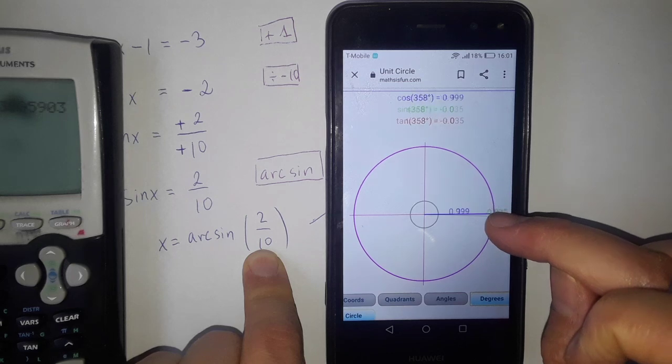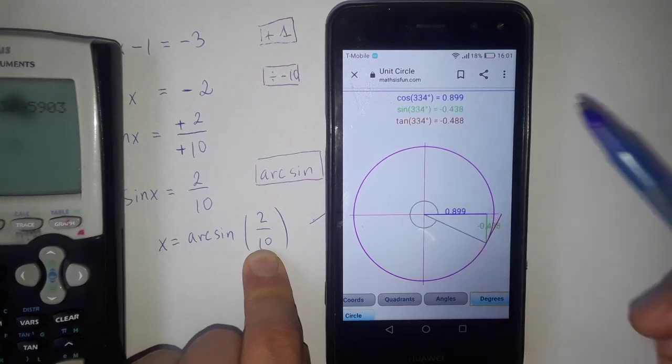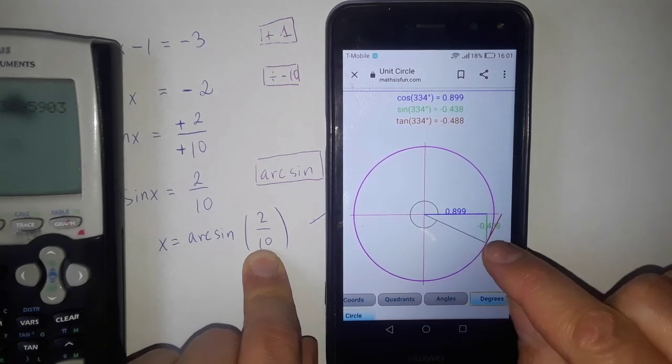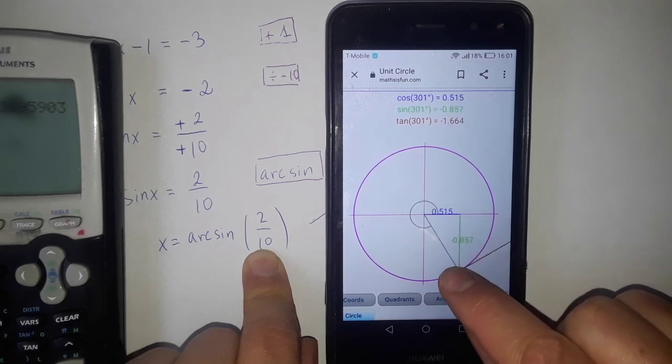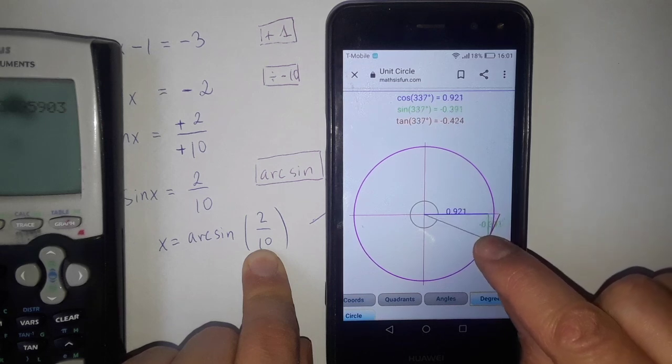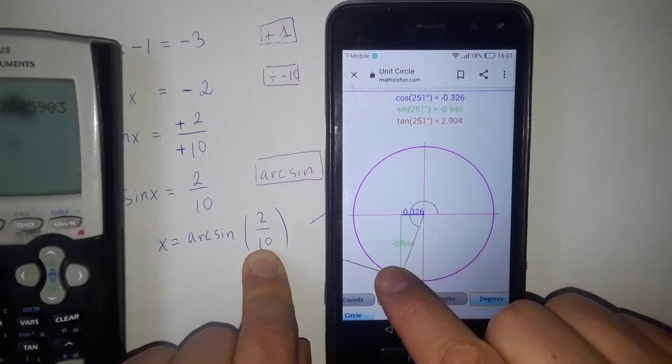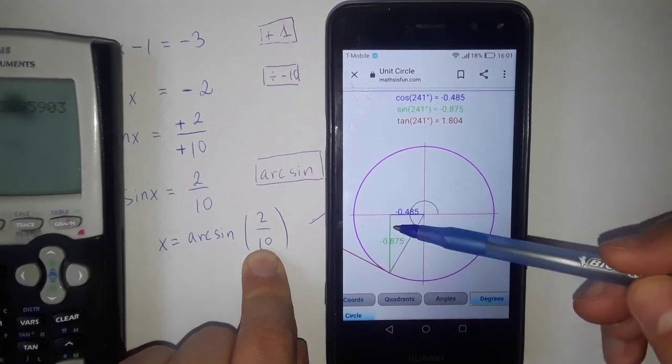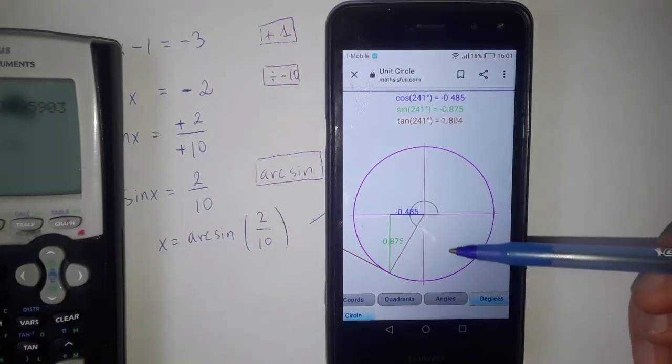So if we move that way, here you see that the sine is negative. So none of these angles is going to give us a sine of 0.2. If we keep moving, the sine here is also negative because it's below 0.